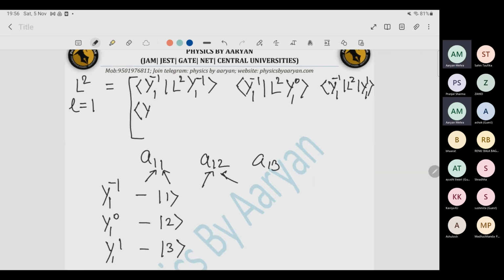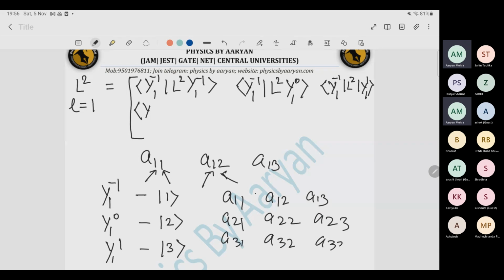So now I need to write this. This is how my matrix looks: A11, A12, A13, A21, A22, A23, A31, A32, A33. Now I need to write the second state first. The second state is 1 0, then the first state is 1 minus 1. Can you help me write this element now? What will be this element?